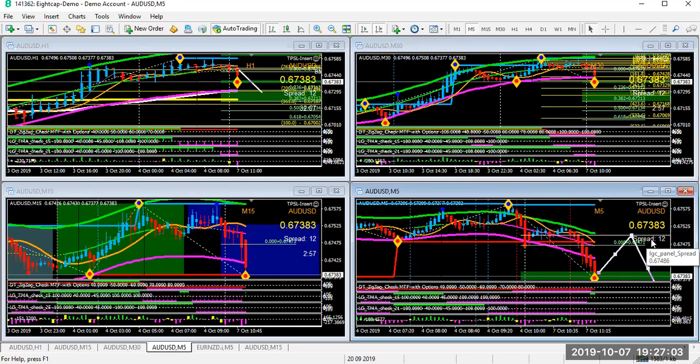Okay, very similar to last week's. When we marked it out, see price action do that staggered pull back up and go back further down.